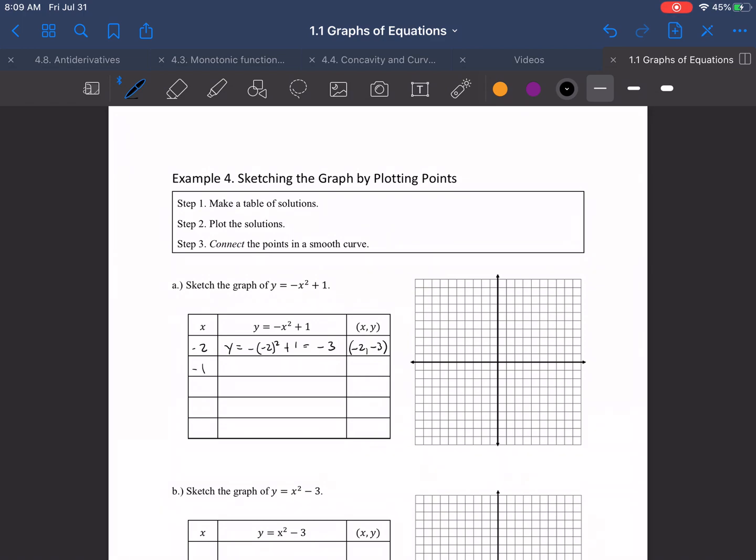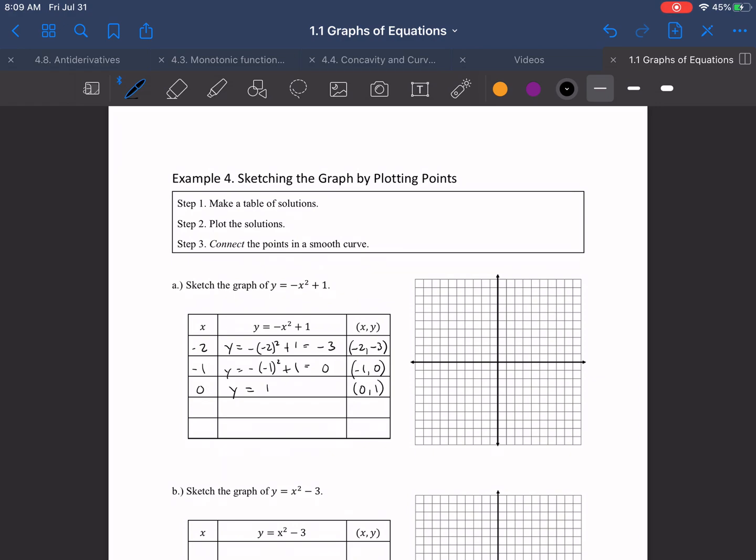We can plug in the point negative 1, and we get y equals negative of negative 1 squared plus 1 equals 0. And we get negative 1, 0, just like that. And then you can try 0. And when you plug in 0, I'm going to stop writing that all out just for time's sake. You plug it in, and you'll end up getting 1. So you get the point 0, 1.